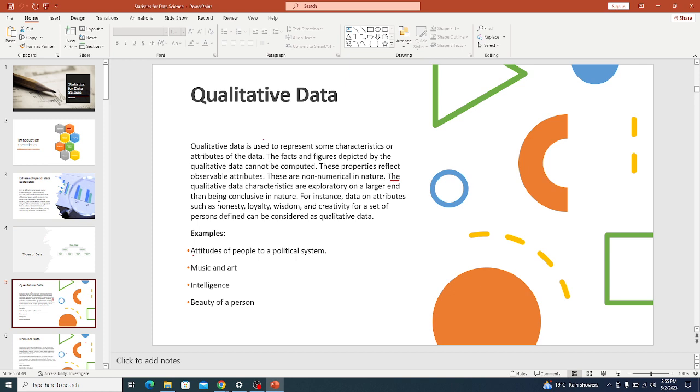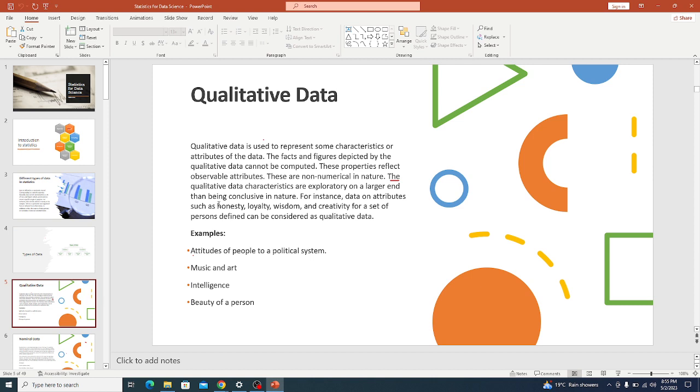So with that you can see we initially had qualitative data, male and female, but we have assigned values to those variables to make them quantitative. I think I'm not confusing you much.